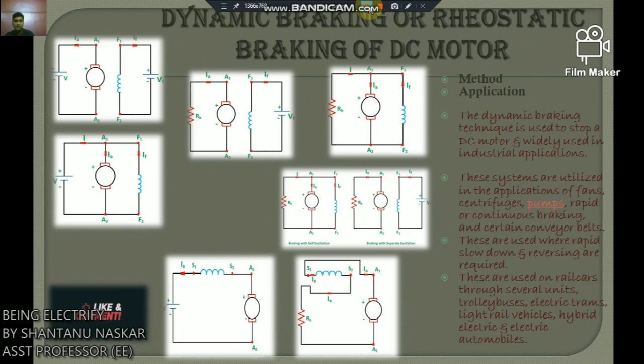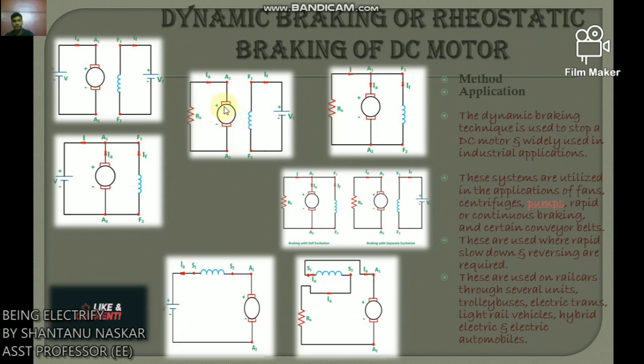The connection diagram of dynamic braking of a separately excited DC motor is shown here when the machine works in the motoring mode. The connection diagram is shown here when braking with separate excitation is done.